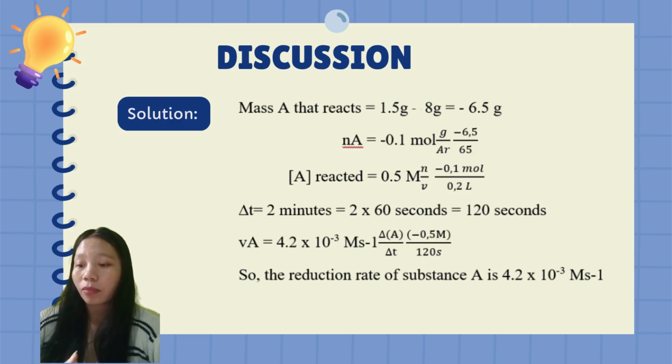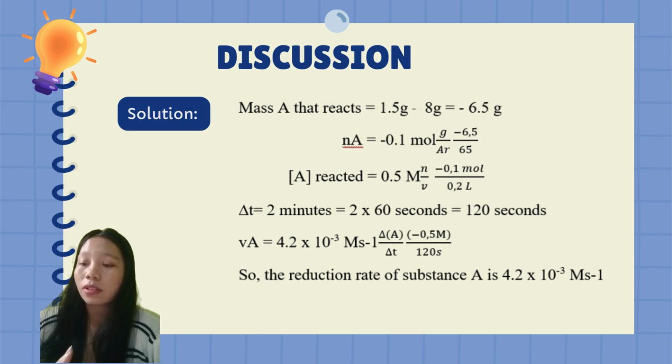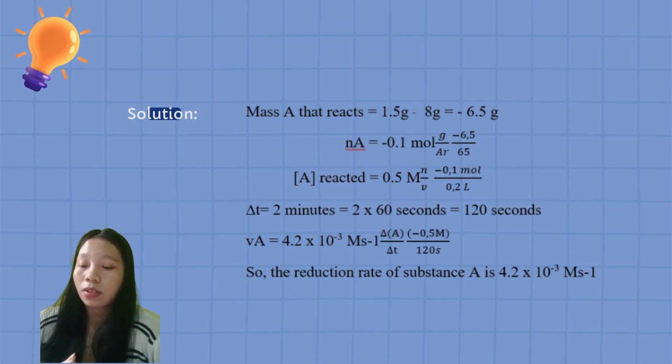And concentration of A equals n per V equals minus 0.1 mole per 0.2 liter equals 0.5 molar. And delta t equals 2 minutes equals 2 times 60 seconds equals 120 seconds.